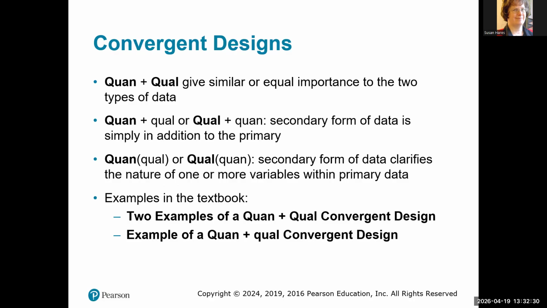Now, when you see QUAN in capitals with qual in parentheses, it means that the second form of data clarifies the nature of the variables. So QUAN with qual in parentheses gives you qualitative defining the quantitative data, and QUAL in bold with quant in parentheses means the quantitative will clarify the nature of the variables within the primary data.